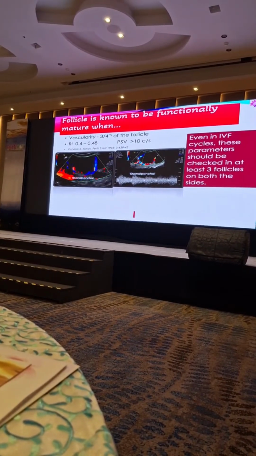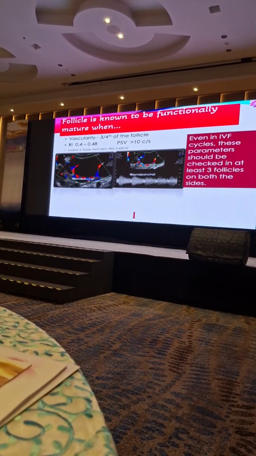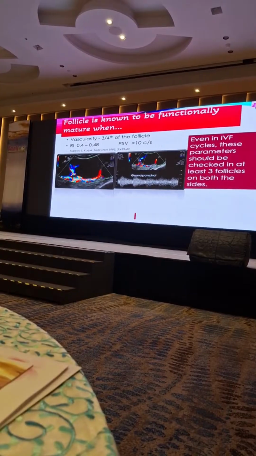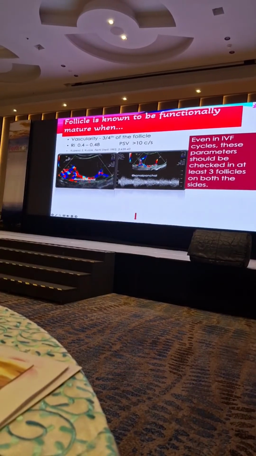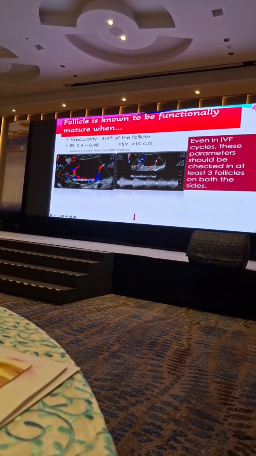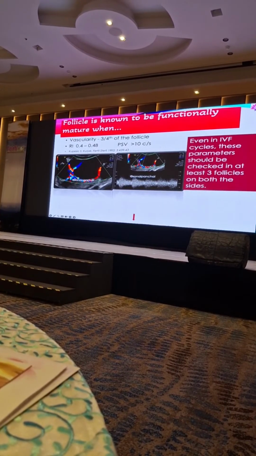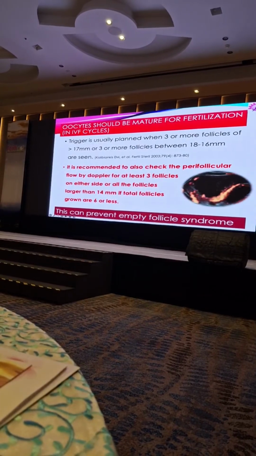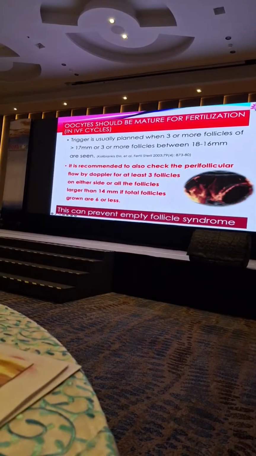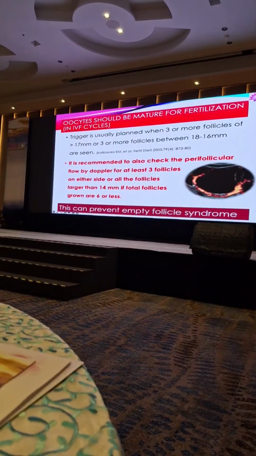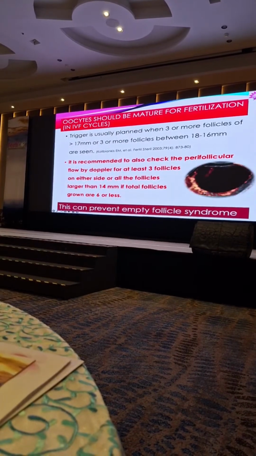Of course, yes, these parameters are not just for IUI, for your IVF cycles also, you must confirm these parameters, because when you confirm these parameters, at least in 3 follicles on both the sides before your IVF cycles, that is when you significantly decrease the chance of empty follicle syndrome. Yes, when we say empty follicle syndrome, it's genuine and it is non-genuine, or it is just functional.